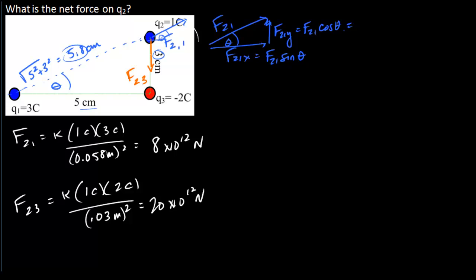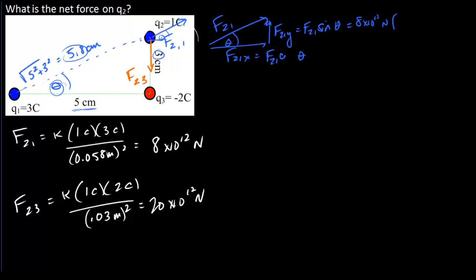So F21y is going to be F21, which is 8 times 10 to the 12th. Now, according to our picture here, cosine of theta, if theta is down here, would be the adjacent side over the hypotenuse. So this is going to be, actually I just realized I wrote these backwards.